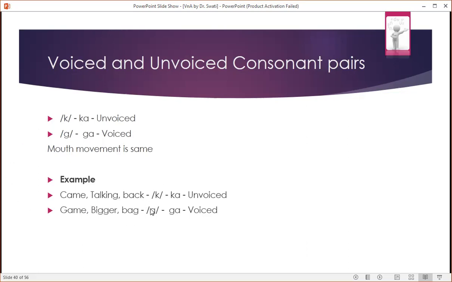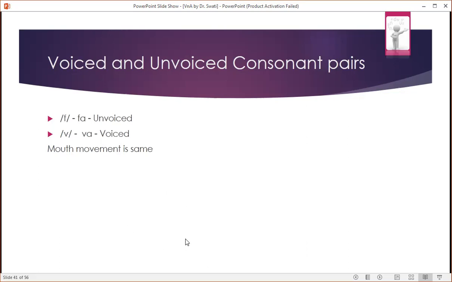And if you see this symbol here, it is voiced. So game, bigger, bag, coming from your voice box. And you can see the airflow is changed.